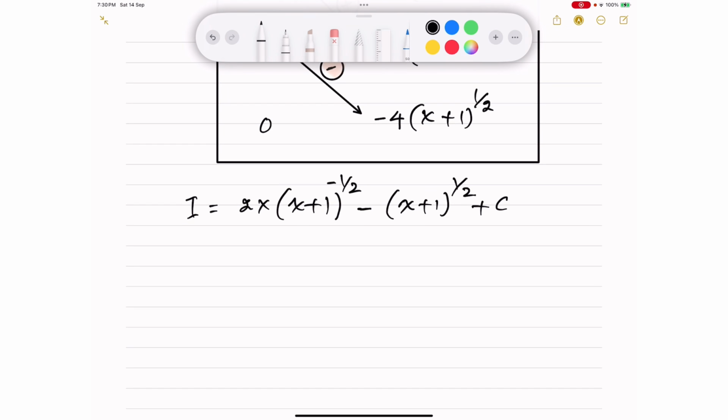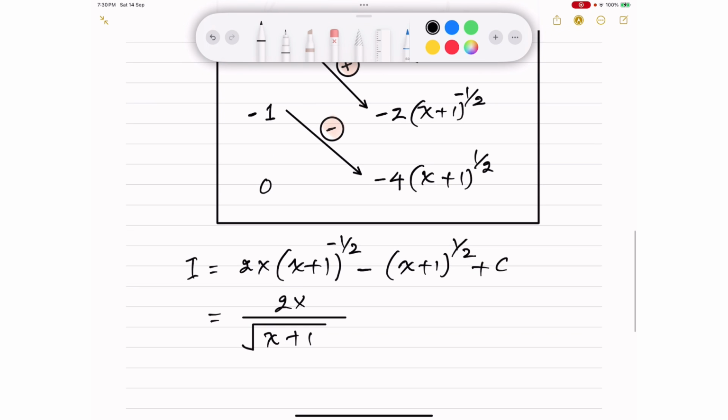The first one can be rewritten as twice x divided by the square root of x plus 1. That's one way to write this. And also the second one, don't forget the 4 here, I'm sorry. So minus 4 times the square root of x plus 1, plus c.